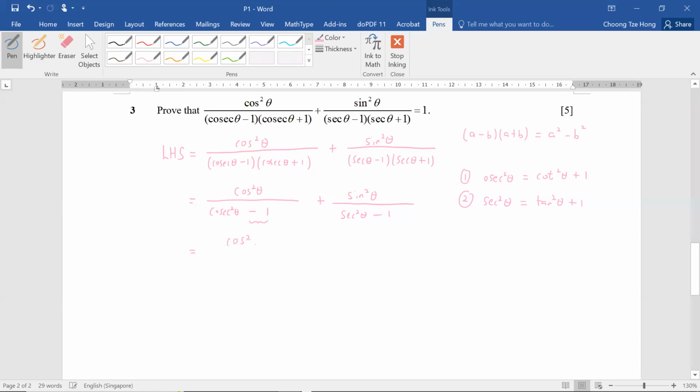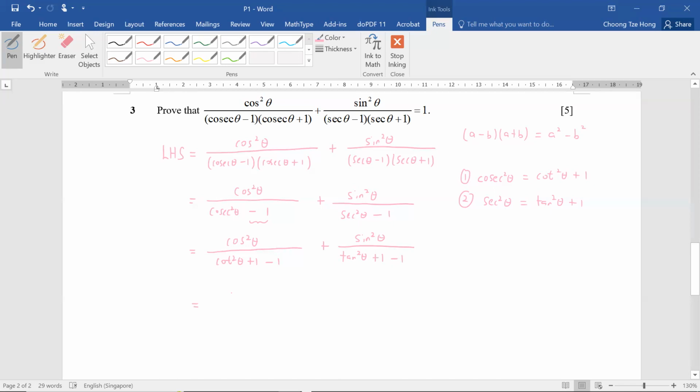So cosine square theta over, cosecant square theta is now cotangent square theta plus 1, and minus 1. The minus 1 is from the original step. Then you have sine square theta over, secant square theta I can replace with tangent square theta plus 1, and minus 1 from the previous step.